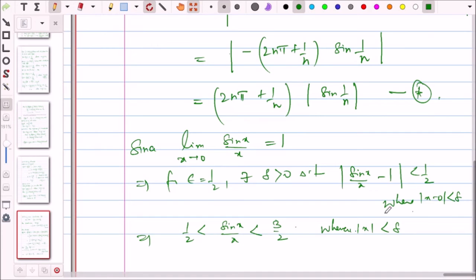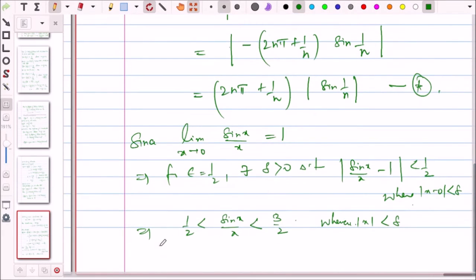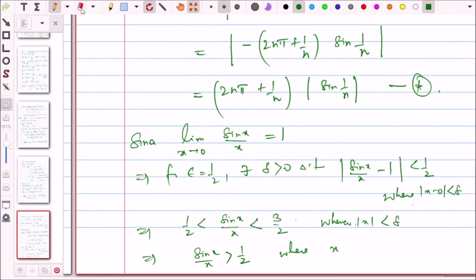Now because our 1/n is positive, we want to have x positive. So this implies sin x / x is greater than 1/2 whenever 0 < x < δ.